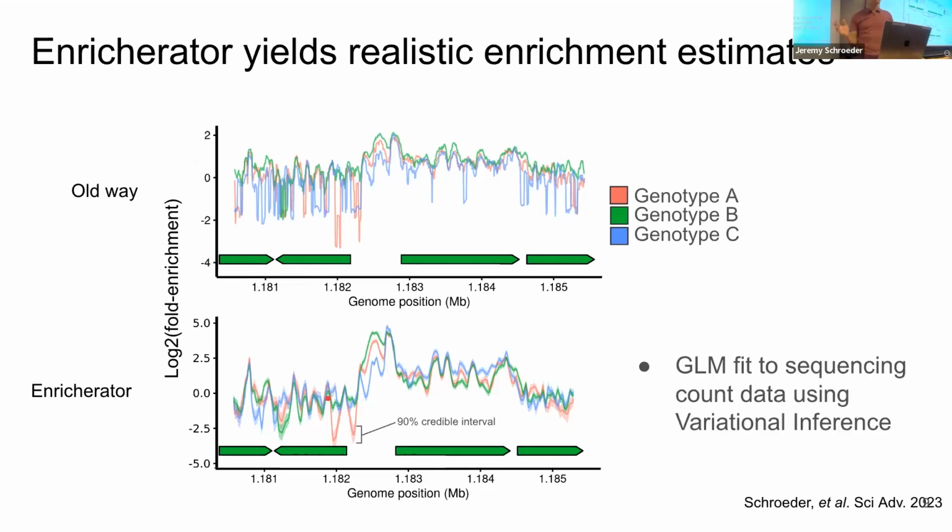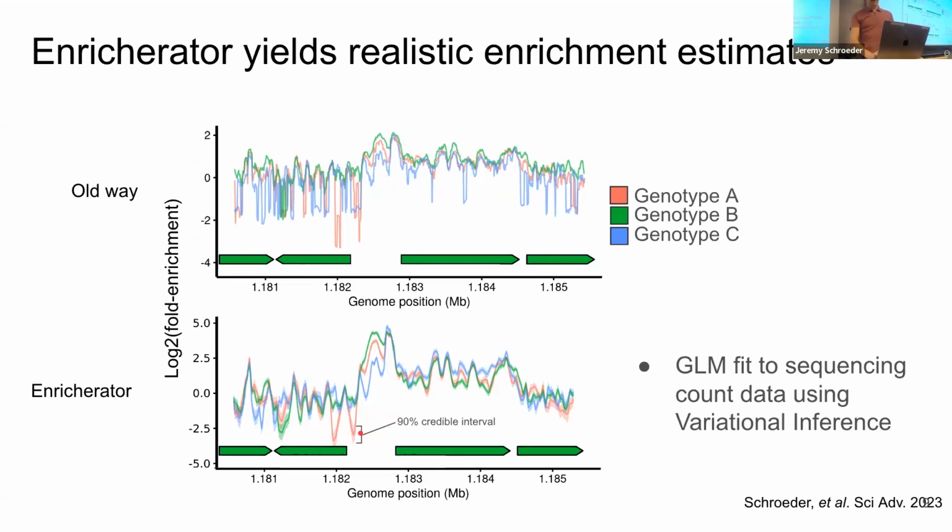What it basically does is fit a generalized linear model to sequencing count data. And it does this using an inference engine called variational inference. You may have heard of this called variational Bayes. It's a way to fit a model fairly quickly with Bayesian techniques. And you get samples from what's called an approximate posterior distribution out of that.